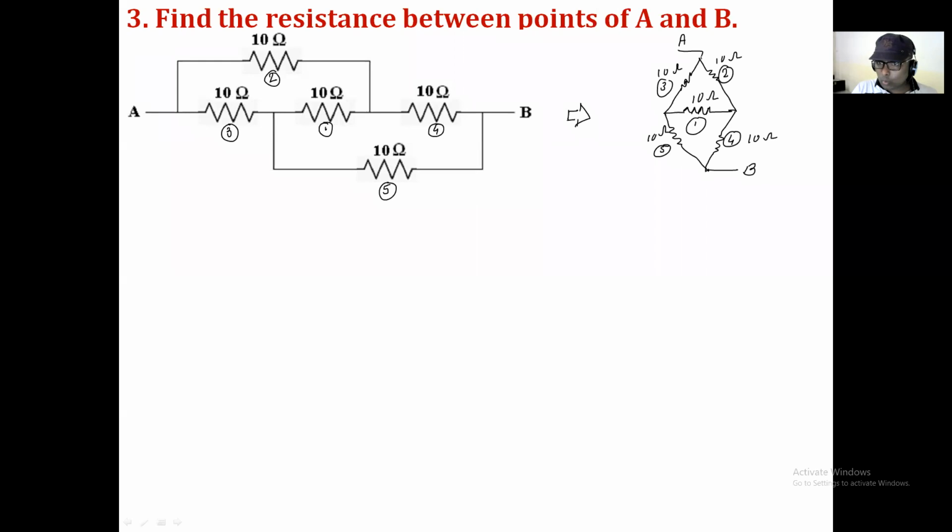So now let me assume that this is point P, this is point Q, and this is point R. Is it right? Now this is our main circuit diagram. Out of this main circuit diagram, we have to convert this PQR triangle into the equivalent star diagram. So let me take that triangle outside.